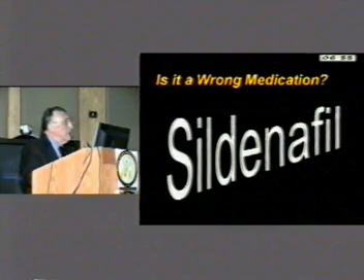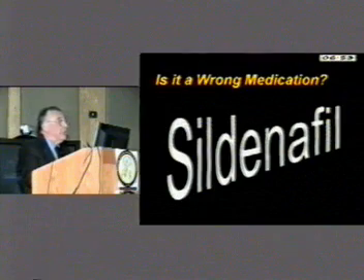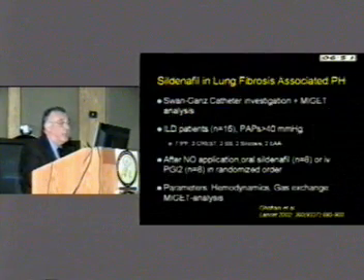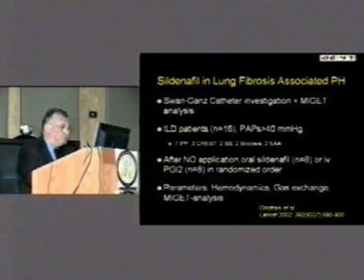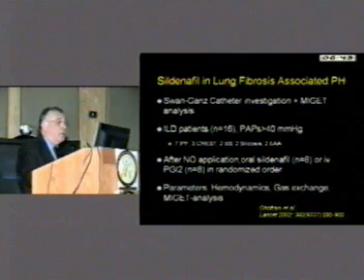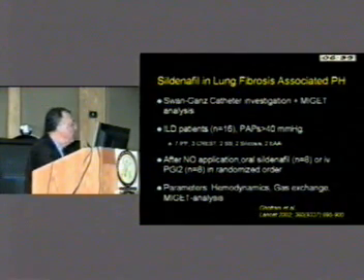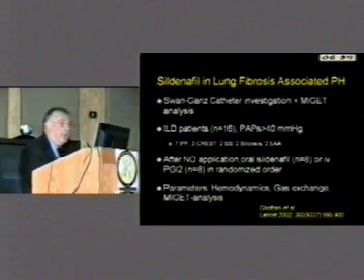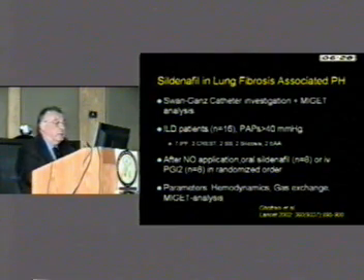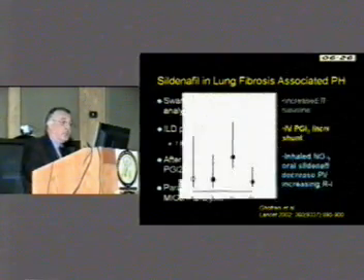Again, sildenafil, which is the Viagra: is it indicated, or is it a good or a wrong medication? Sildenafil in lung fibrosis associated with pulmonary hypertension. There was a MIGET analysis with the swine gas to see the shunting effect. Unfortunately, the paper was only on very few patients, about 16, and in this paper they used nitric oxide application or oral sildenafil, and they measured the gas exchange and the shunting effect.